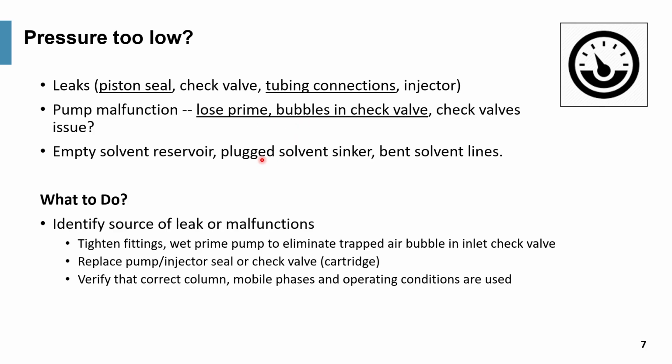More commonly, in some of the older pumps, there is a tendency to lose the prime, meaning the drivetrain on the piston somehow doesn't reset to its position. It just lost itself, and you need to reboot the whole pump to fix that. And also very commonly, a bubble trapped in the check valve, most likely the mobile phase A check valve.